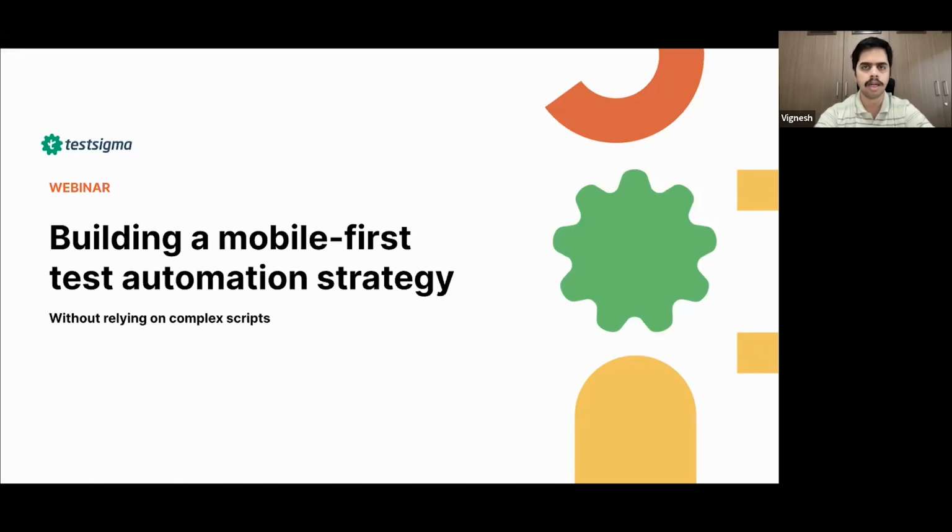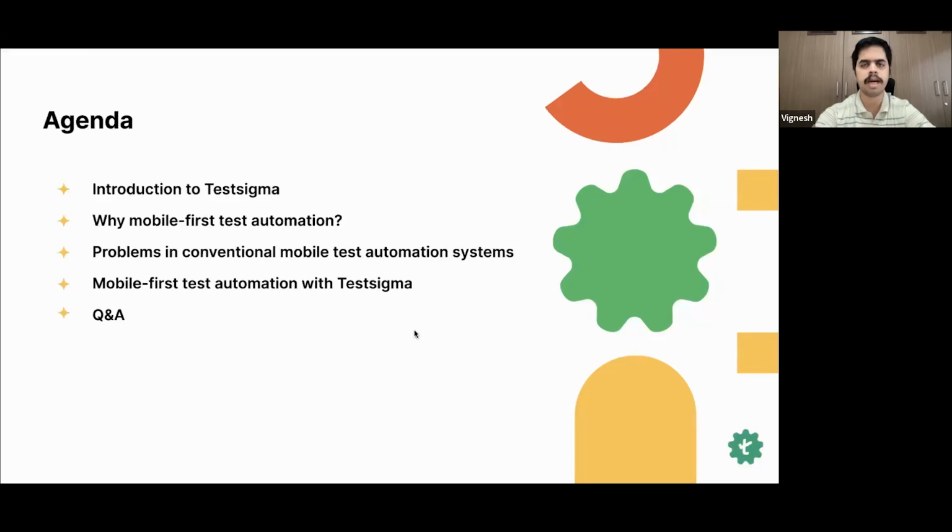On that note, let's get started with the agenda for today. We'll start this session with a quick introduction to Testsigma, and we'll talk about why mobile-first test automation is essential. Then we'll talk about the problems in the conventional mobile test automation systems that are being leveraged by most organizations today.